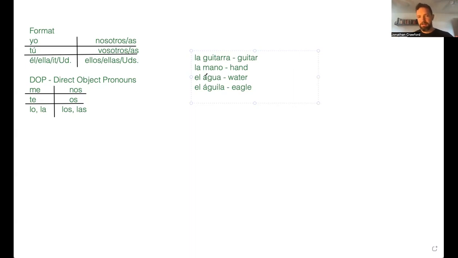Agua, it has the emphasis in the pronunciation on the second to last syllable, also known as the first syllable in this case.